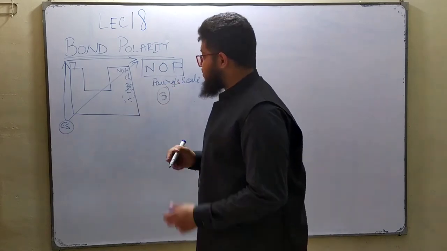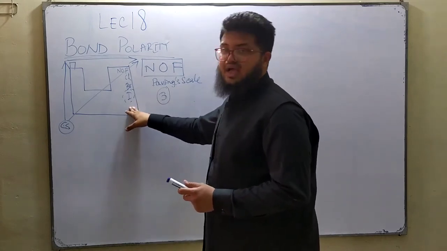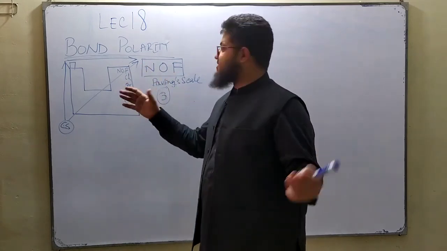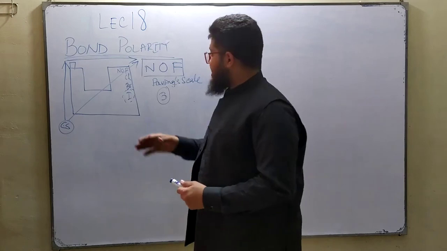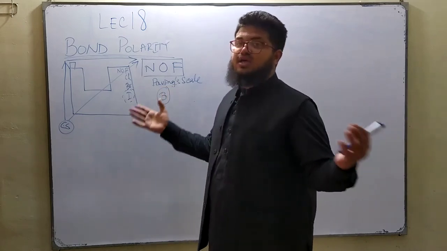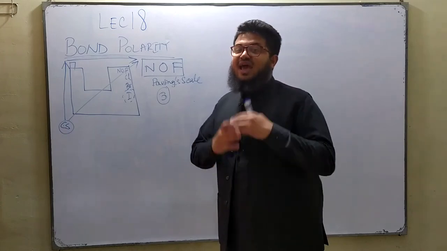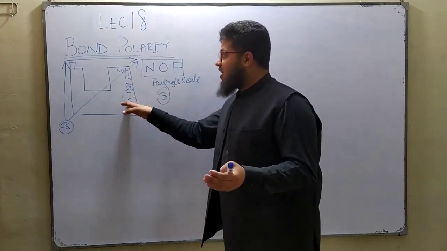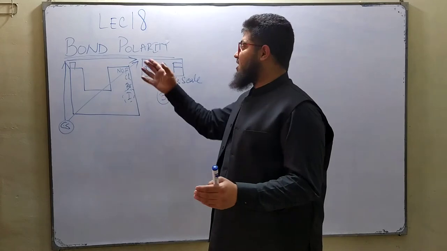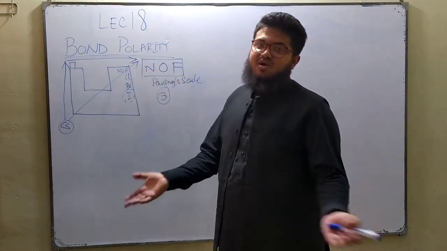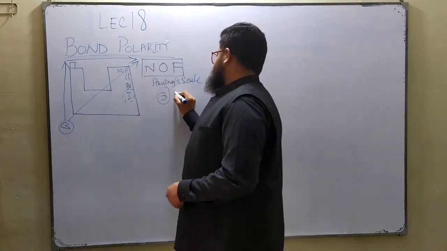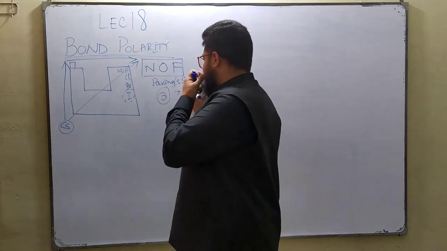First of all, you say that iodine has a larger atomic radius compared to fluorine. If it has a larger atomic radius, then it has a lesser charge density. A lesser charge density means iodine has a lesser electronegativity compared to fluorine. That's it. These are the 3 marks that you get. So I'm going to put them down here.